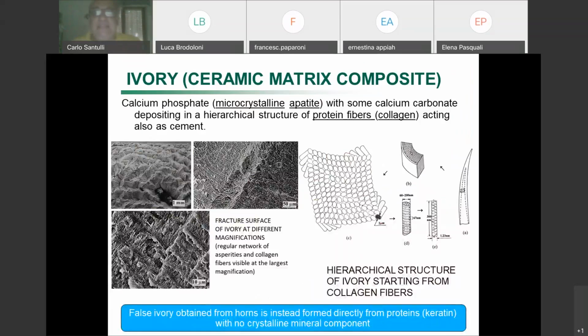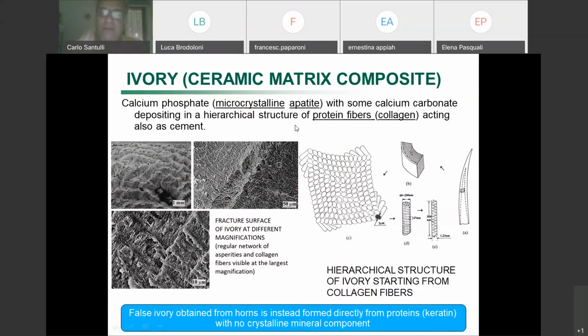Okay, then ivory. What is ivory? Ivory is calcium phosphate, so basically microcrystalline apatite, which deposits into a hierarchical structure of protein fibers. We talk here a bit more about proteins, about collagen.